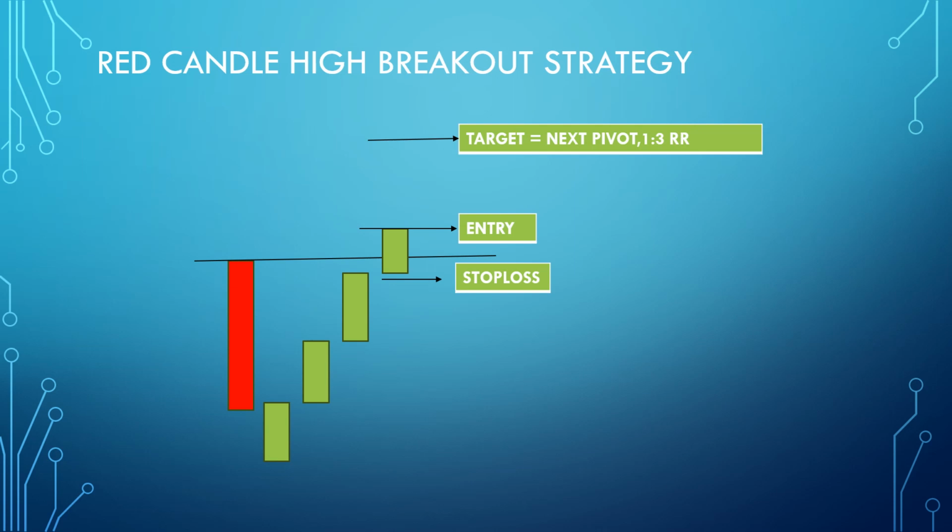Now, the target is the next pivot or 1:3 risk reward. But most of the time, these breakout trades will give you great profits. The experience comes in when you decide to take the profits. When you are new to the market and applying these sorts of strategies, you have to take your profits at 1:2 risk reward.